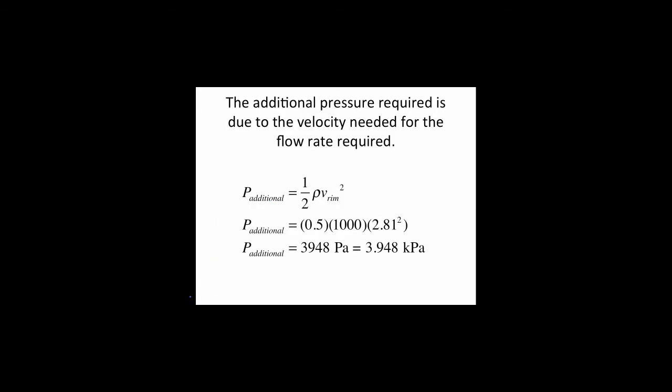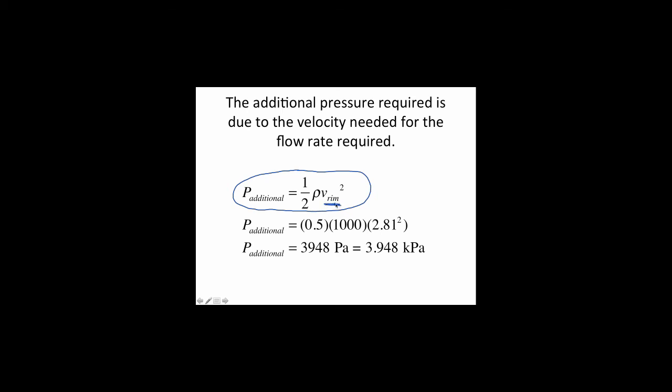The additional pressure required really is strictly due to that velocity at the rim. Everything else is the same. So because the numbers were so large before, I've chosen to leave those out of the equation. But whatever additional pressure we need is due to that flow rate.